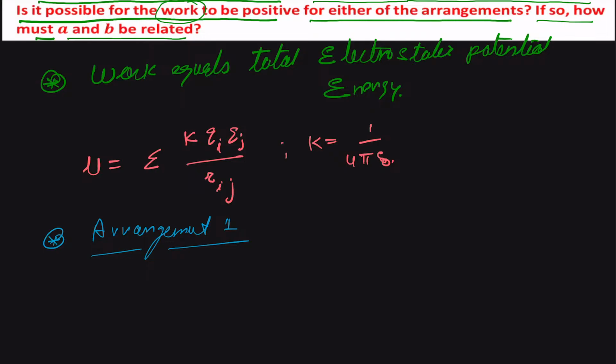We are given a rectangle, and the sides are given as length A and breadth B. Therefore let us assume that the first arrangement is plus E, minus E, and plus E. So this is our first arrangement where the same charges are on the diagonal.